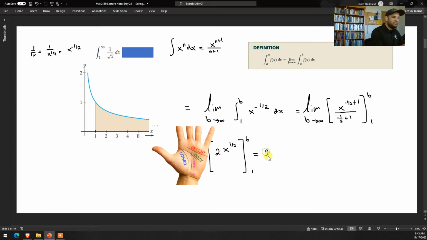Now we can bring that 2 out front. Let's do the evaluation. We get b raised to the 1/2 power minus 1 raised to the 1/2 power.